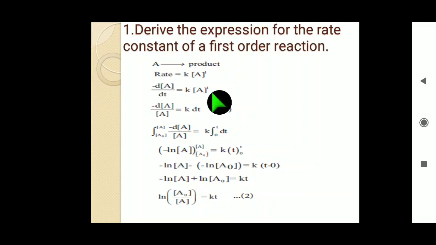That's why the A will go here, then dt will come here. That is equation 1.